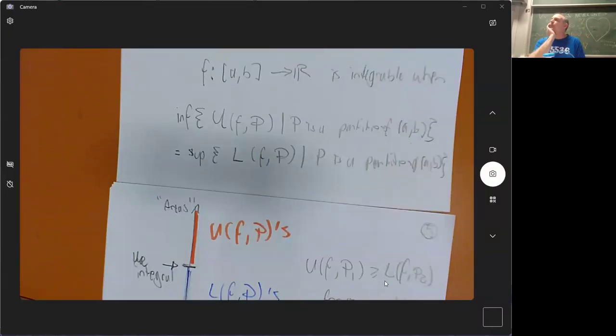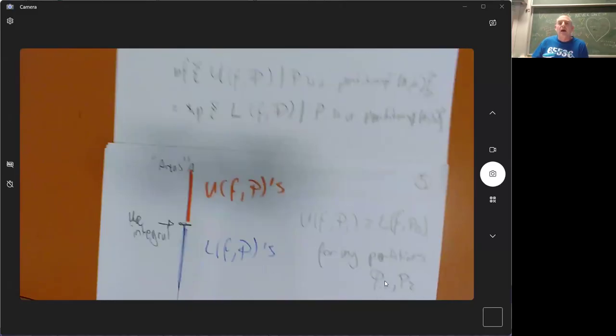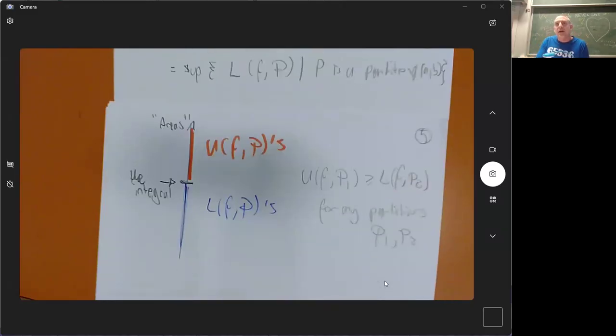Not integrable means the difference between them is greater than 0. But for integrable, the difference between them has to be less than epsilon for any epsilon you care to name. If you can make a sequence of upper sums and a matching sequence of lower sums that approach each other, then it will be integrable.